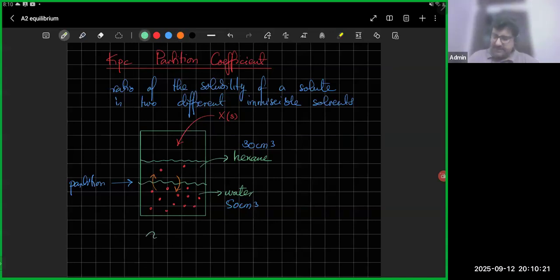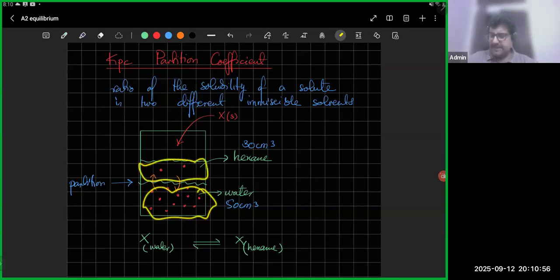So this X in water is going to be in equilibrium with the X that's present in hexane. After a certain time, particles are constantly moving into this layer and into that layer. If the rate of movement is the same, then there would be no change in the concentration of the particles in the water layer and the concentration of the particles in the hexane layer.